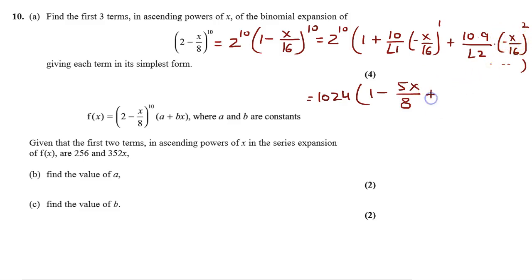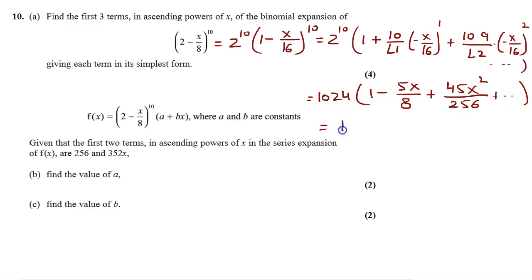This is square, so plus, 10 times 9 divided by 16 multiply 16 by 2. So that is going to be 90, this cancels by 5, 5 times 9 is 45 x square over 256, and so on.